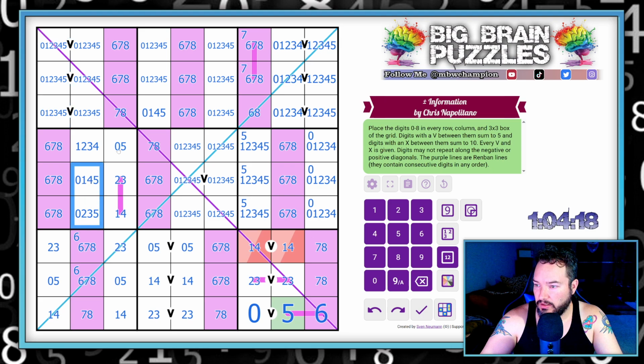And the one that's right here, which is this one, will be somewhere right here. But we know that it can't go here. Actually, it can. I was overthinking that one.